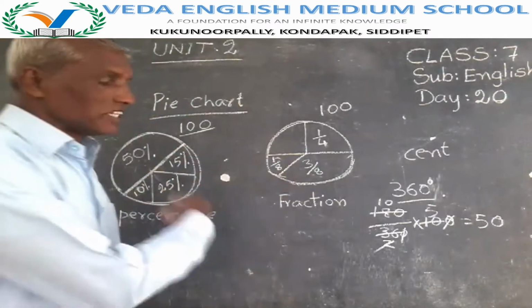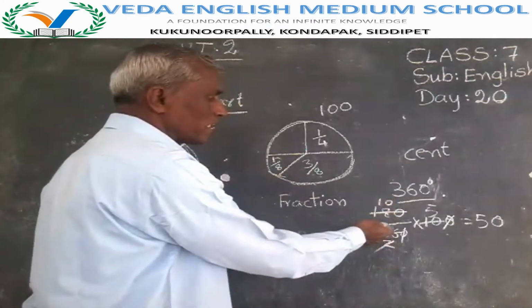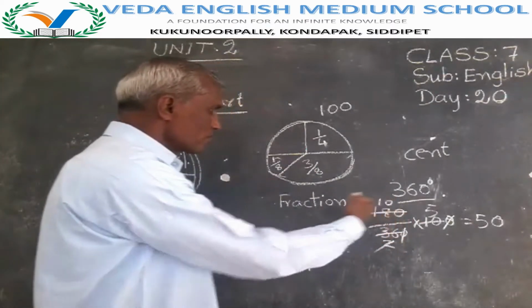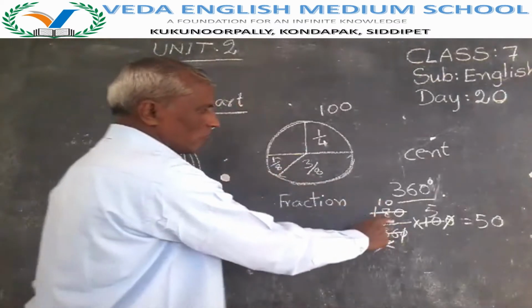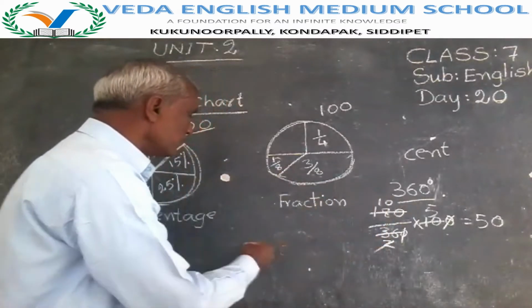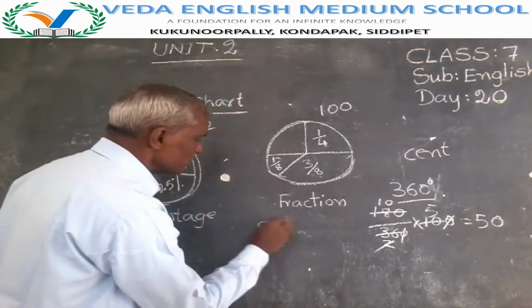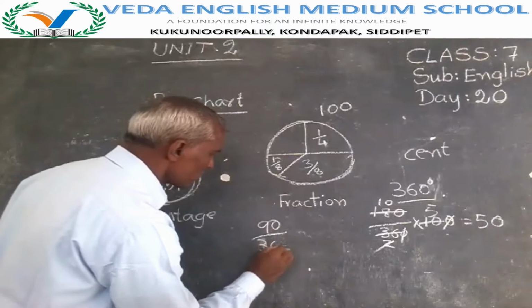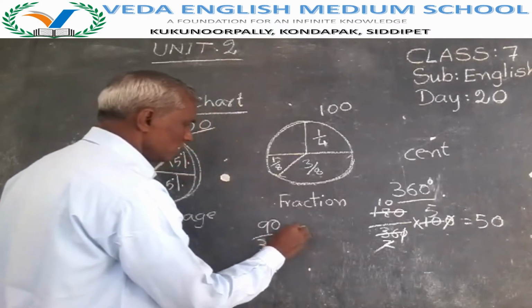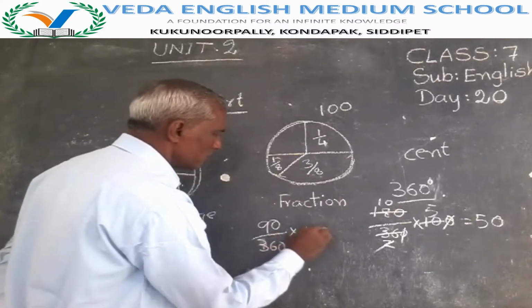So when you see the picture, usually that is what you have to make. For example, 180 degrees means half. If it is 90 degrees, what is it? 90 by 360 into 100.